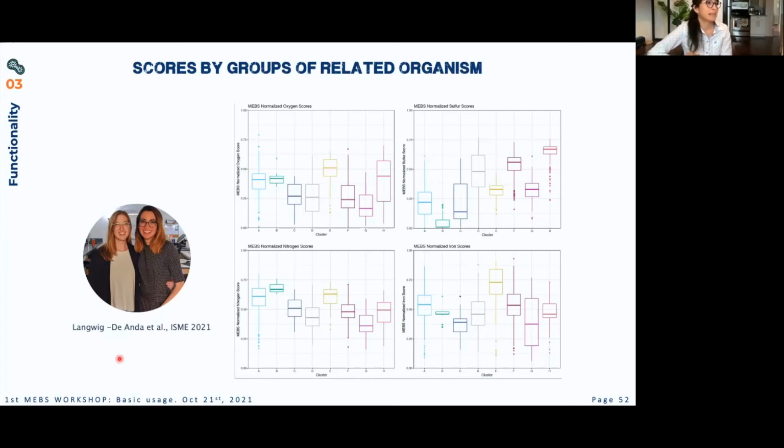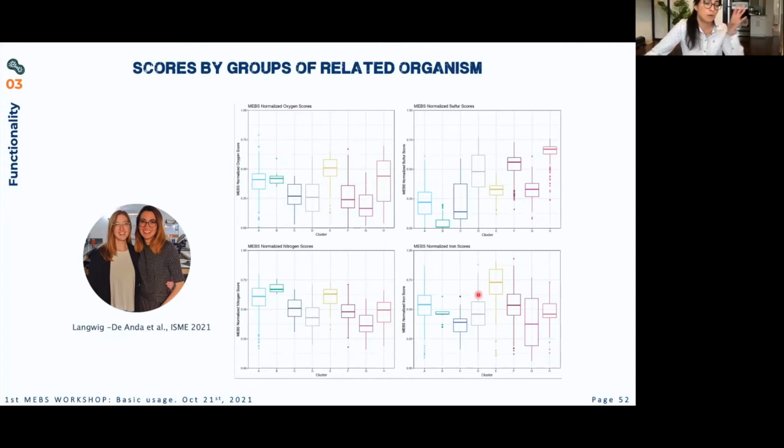We basically put the MEBS scores of groups of organisms that were similar metabolically. And as you can see, for example, here are the oxygen scores, the sulfur scores, the iron scores, the nitrogen scores. So this was very important for us to understand one group of bacteria that was very important for the iron cycle.